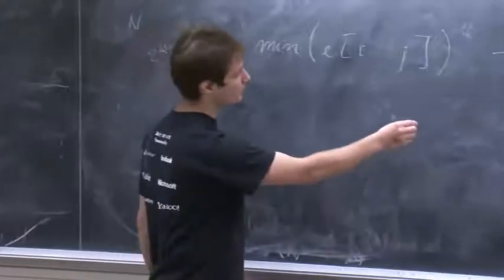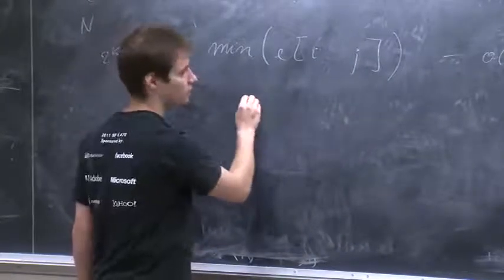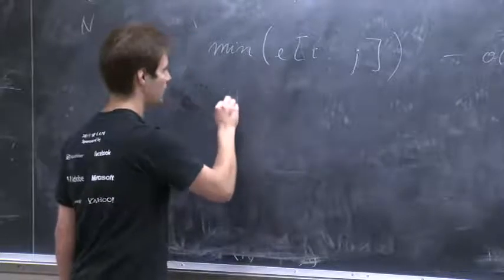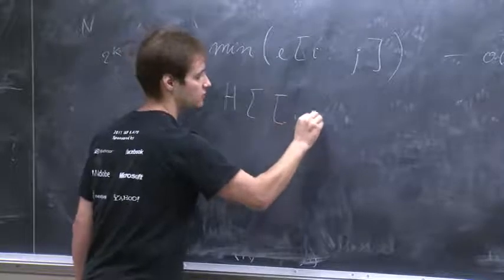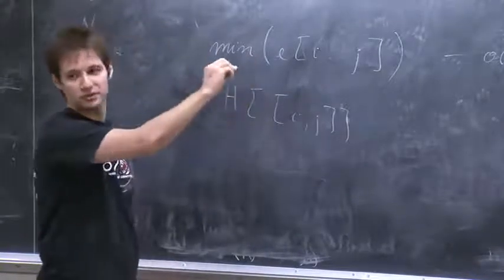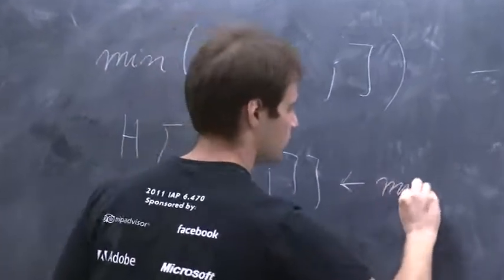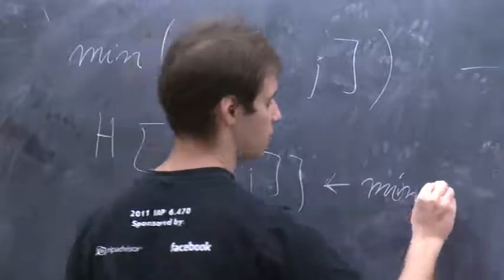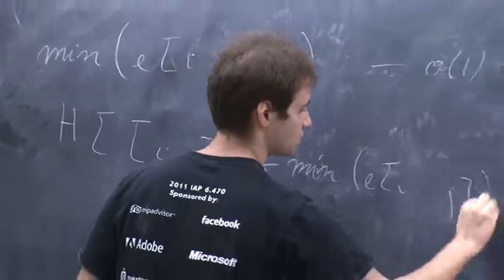So if I want to answer my queries in order 1, then the way I do that is I will have a hash of all the arrays that look like i j. So all the possible intervals. And I'll store the answer here, right? The minimum of the elements from i to j.